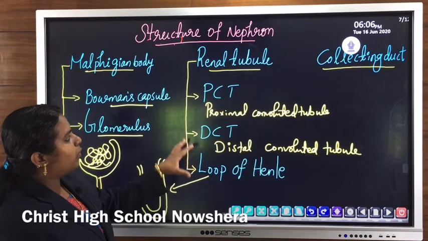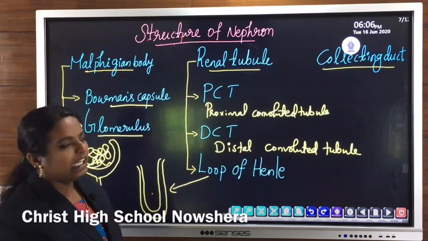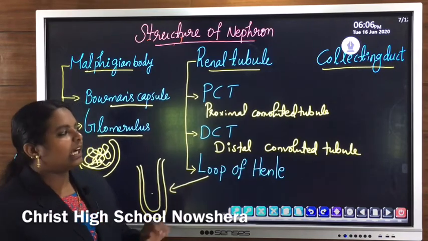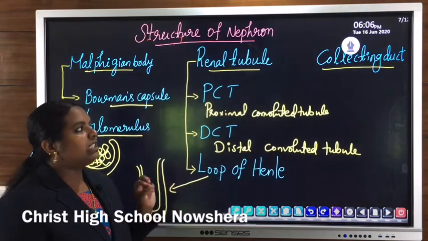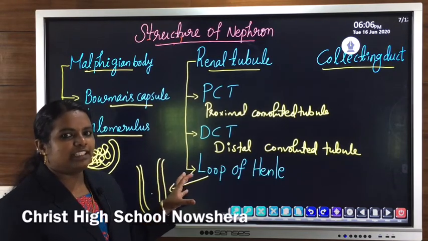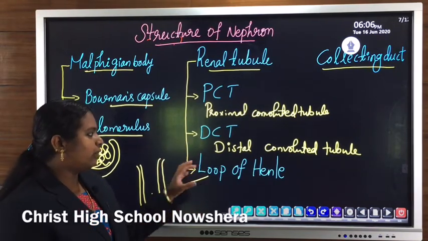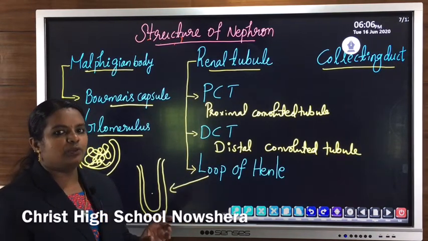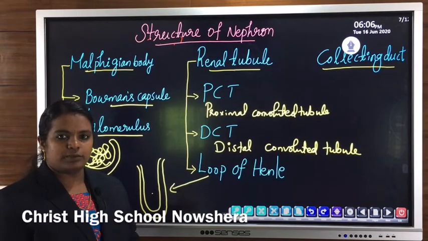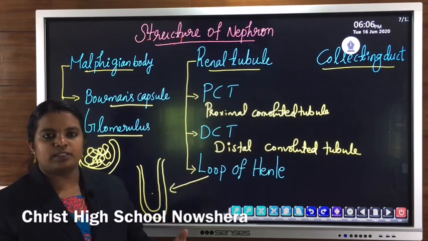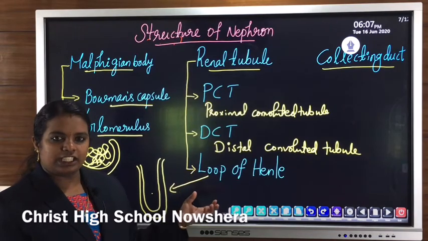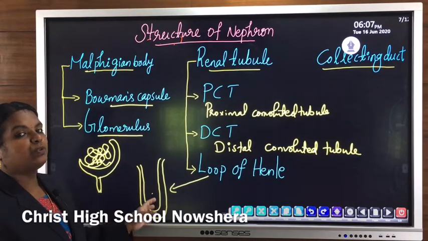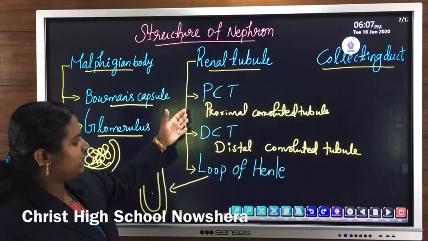So these three parts form the renal tubule. Then the last part of the nephron is known as the collecting duct. The collecting duct collects the final secretion from the nephron, from the distal convoluted tubule. During urine formation, firstly filtration takes place in the Bowman's capsule, then absorption of useful substances takes place in the tubule, PCT and DCT.